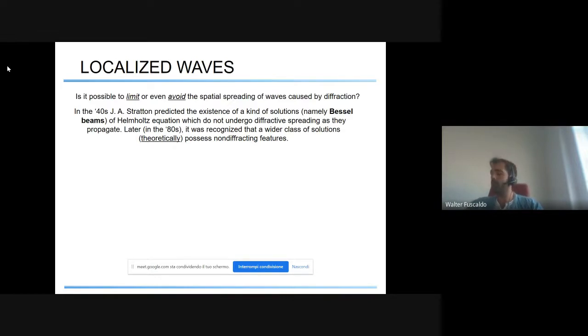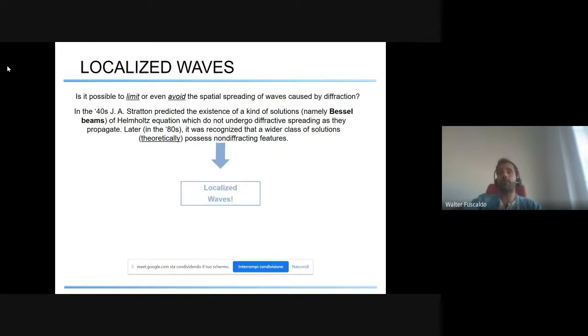And one of the first answers to this question was given by Julius Adams Stratton in the 40s, when he predicted the existence of a kind of ideal solutions, namely Bessel beams, of the Helmholtz equation that in principle do not undergo diffractive spreading as they propagate. Later, in the 80s approximately, it was recognized that a wider class of solutions to the Helmholtz equation possess non-diffractive features.